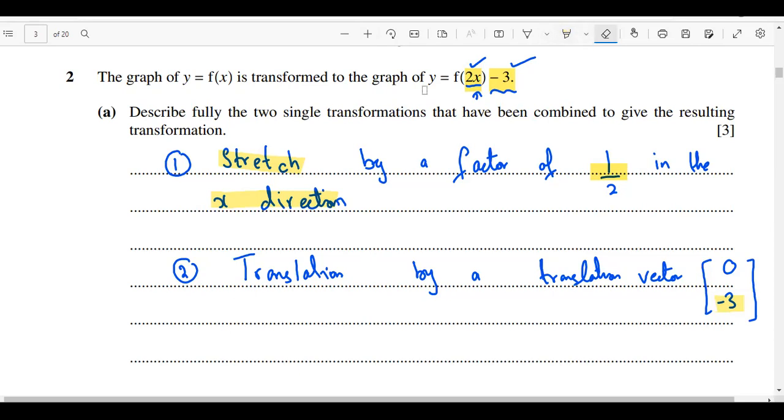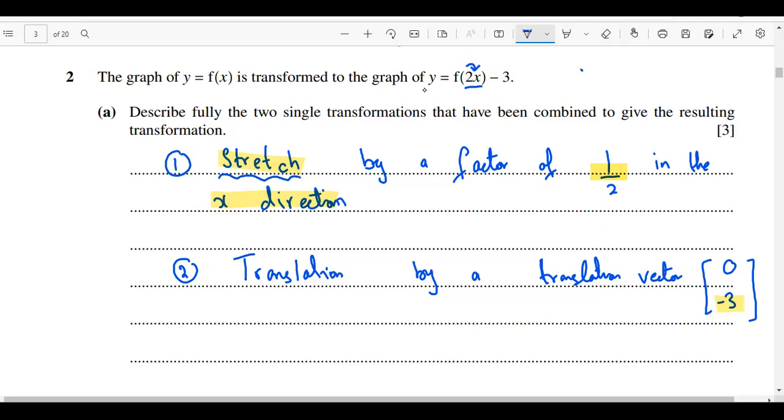It says the graph of y equals f of x is transformed to the graph of y. For the first part, we are just noticing this part, that 2 is being multiplied with x. I've told you earlier as well, whenever we are multiplying a number, either with the function or with x, it is going to be a stretch.